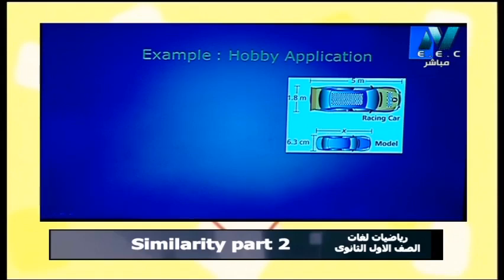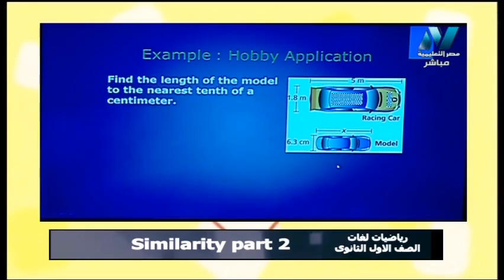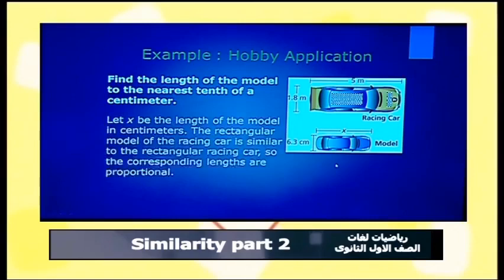Because of similarity, we will try to find the value of x. Find the length of the model to the nearest tenth of a centimeter. Let x be the length of the model in centimeters. The rectangular model of the racing car is similar to the rectangular racing car, so the corresponding lengths are proportional.